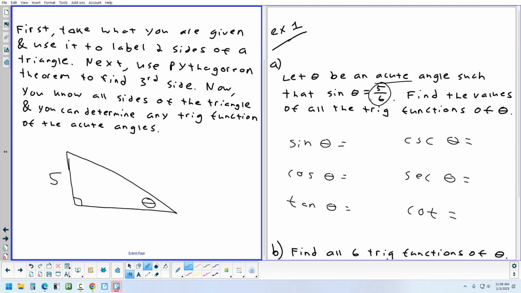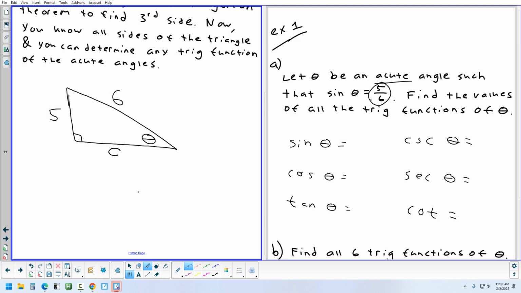That's 5. And what side would be labeled 6? The hypotenuse. Temporarily, what can we label the bottom side? I wouldn't use C, because C is reserved for hypotenuse. We could use A, or we could use, I don't care which one we use.